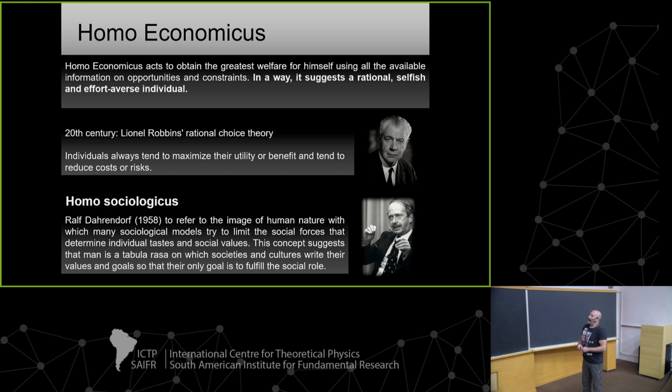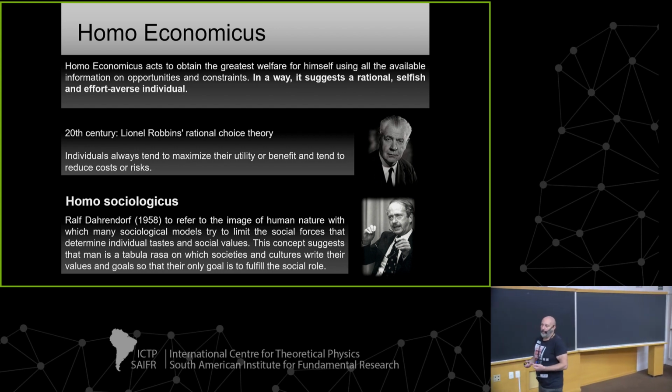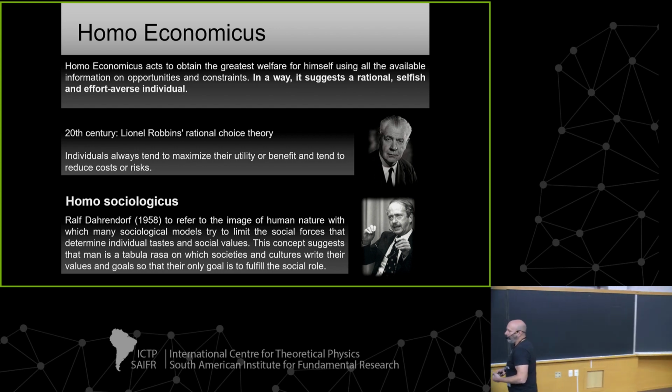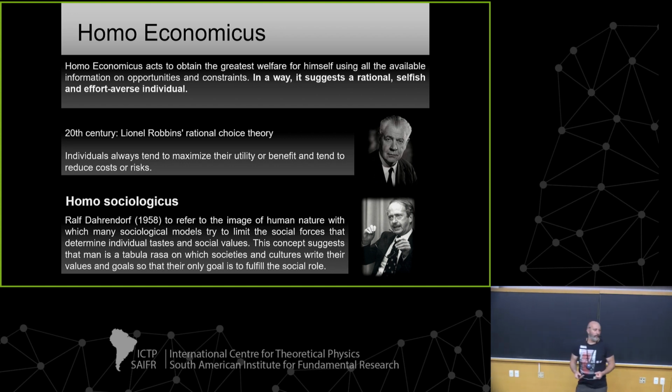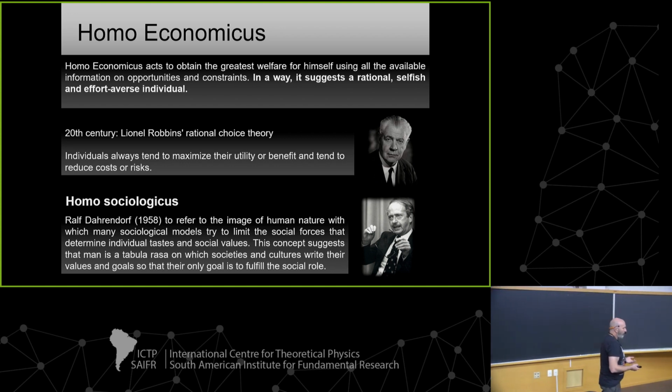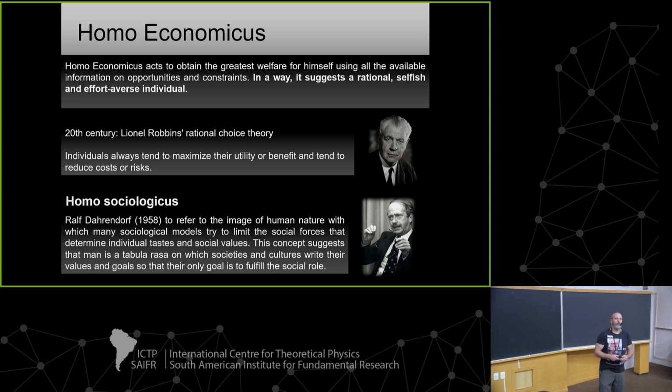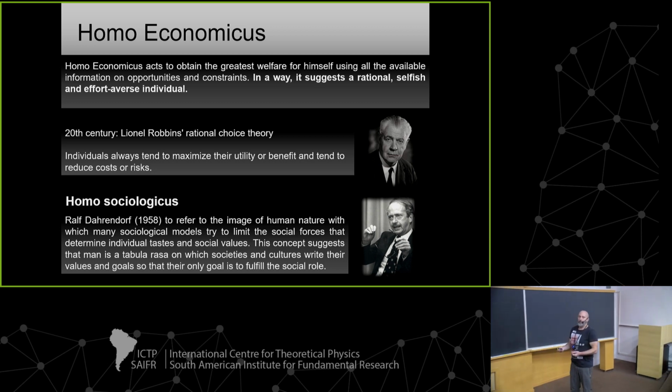One of the stronger criticisms is that in reality, we don't behave as homo economicus. We live in a society, we have friends, we have family, and it could be that there is a huge proportion of the population that behaves in a very selfish way, but there is also altruism, there is also cooperation.